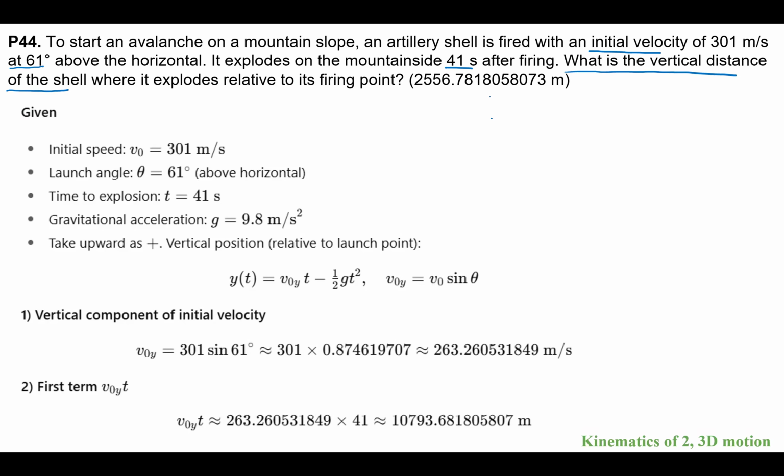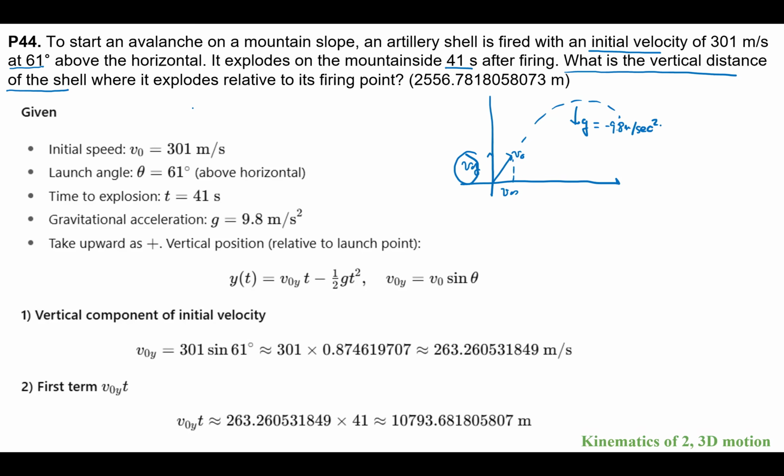So once again, we have to think about V0, V0x, and V0y. And then we need to note that along the vertical direction, there is a constant g. It's minus 9.8 meters per second squared. That's the thing we need to think about.